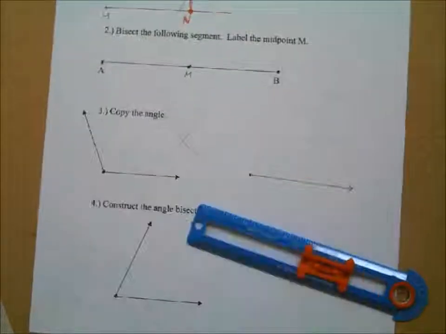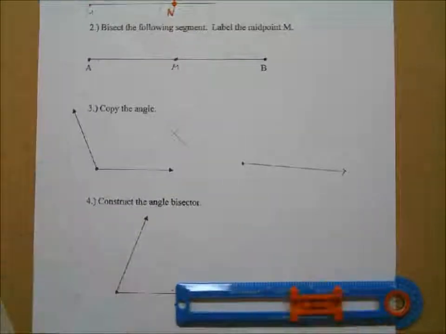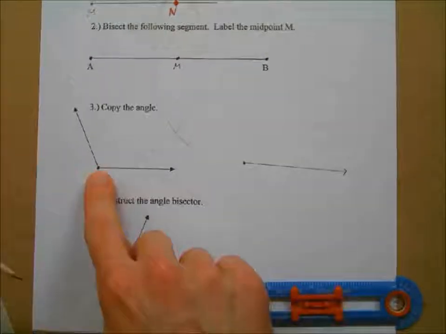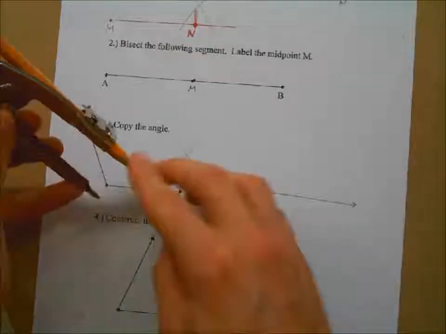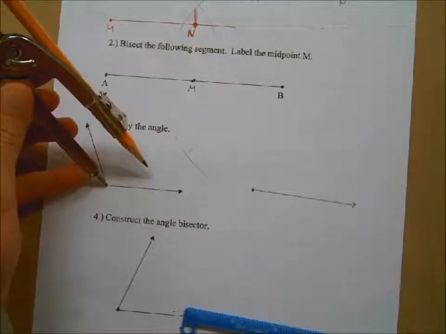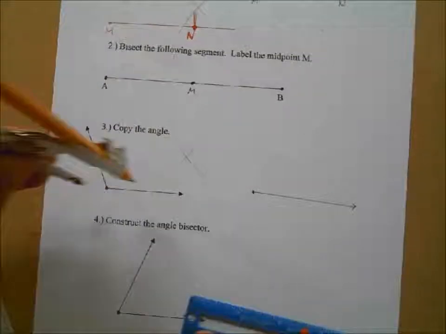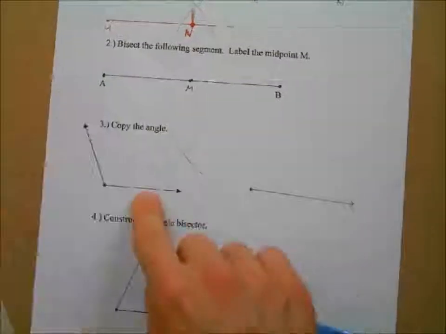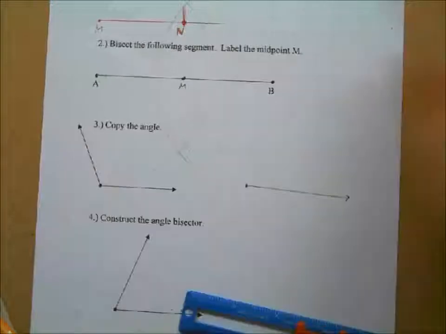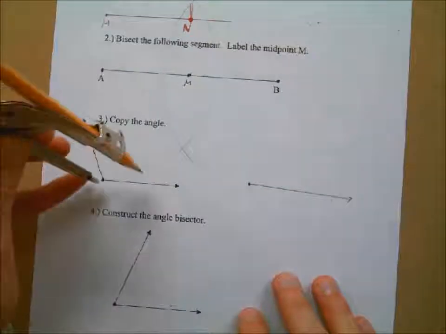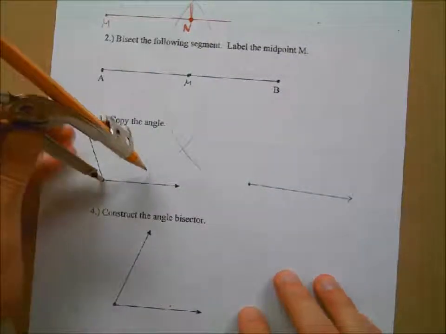Okay, now, next thing we're going to do, take your compass point on the vertex of the angle that you're copying. Like so. And what we're going to do now is swipe our compass so that it hits both sides of your angle. So I'm going to put my compass point here. If you want, you can turn your paper.